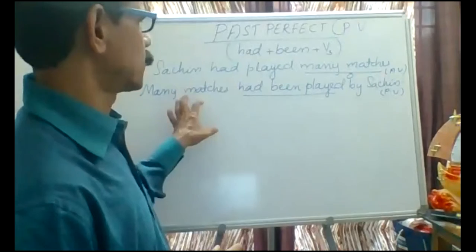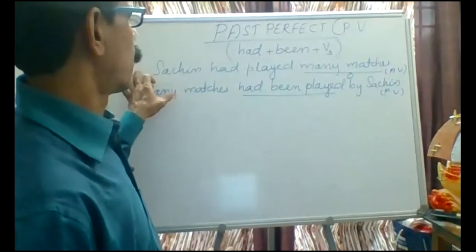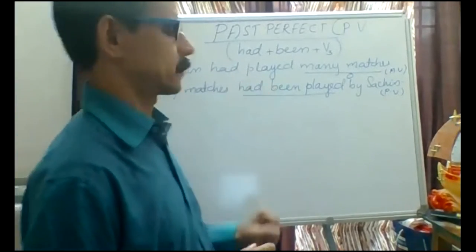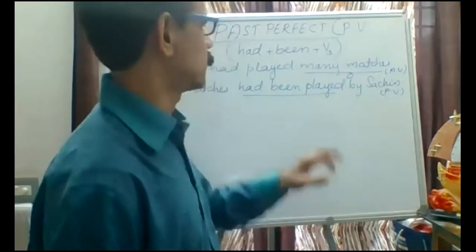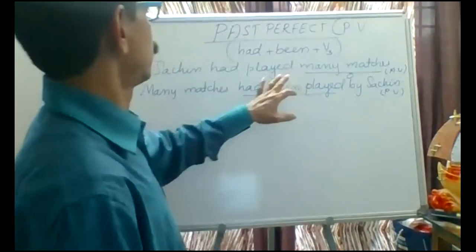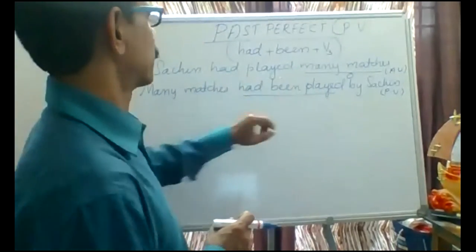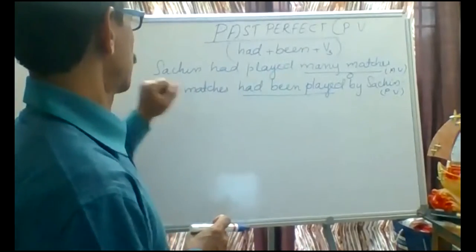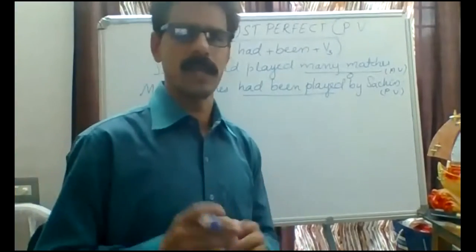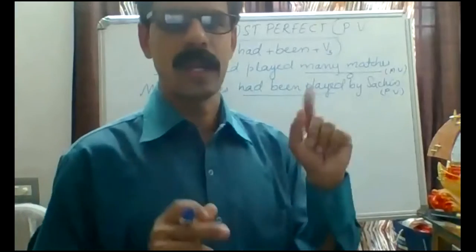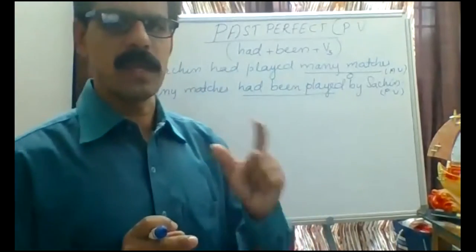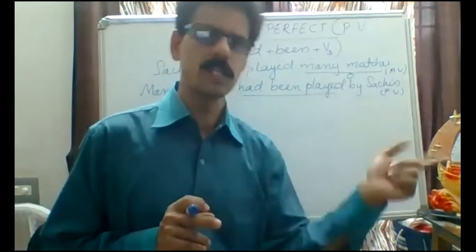And the WH question. What had Sachin played? If we ask what, we will get the answer, many matches. Instead of that, we ask: when had Sachin played many matches? When had many matches been played by Sachin?